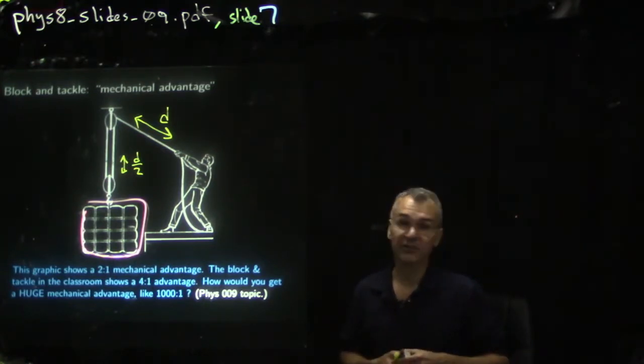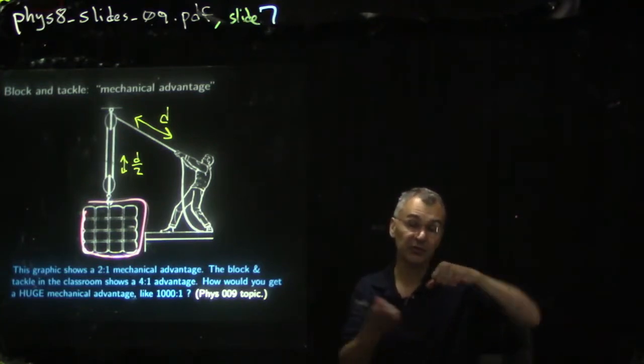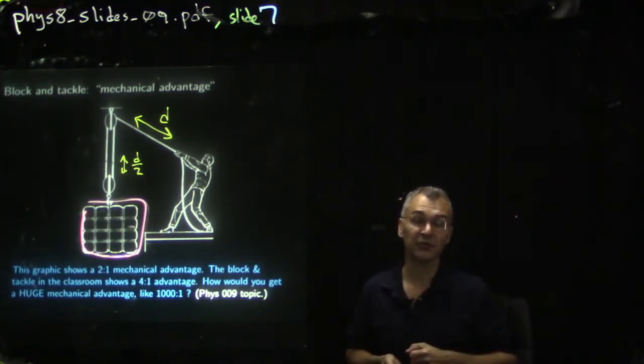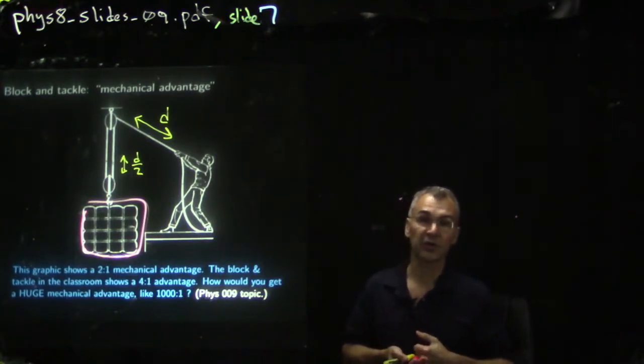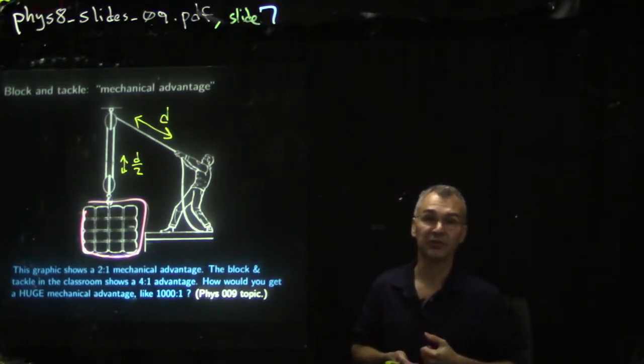Another way actually is to use an incompressible confined fluid. So a bottle jack or a hydraulic jack is an example of a way that you can apply a relatively modest force and lift an absolutely enormous weight. And I might have a demonstration of that too.